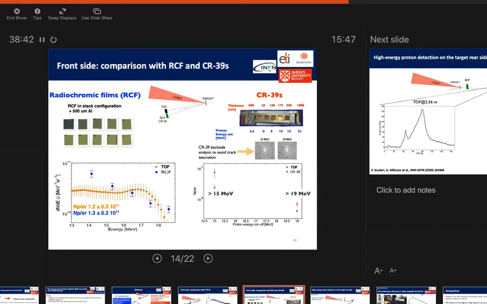And the first CR39 that were brought. I remember the light. The light? In the center of the CR39. Yeah, yes.